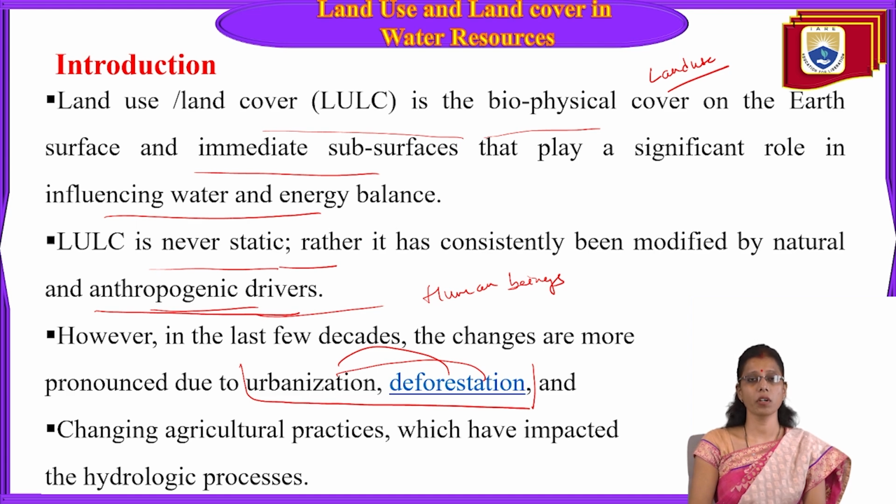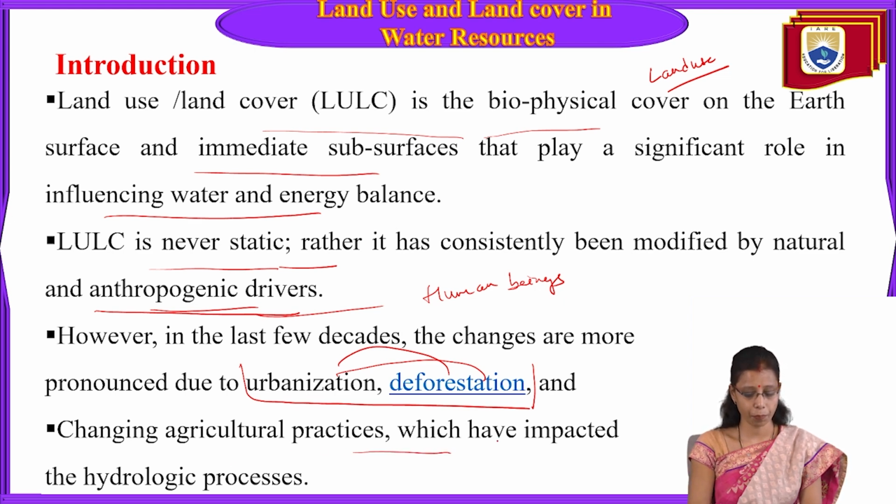So they keep on cutting the trees, burning the areas, and converting the entire area to urban areas, and changing the agricultural practices, which has impacted the hydrologic process.